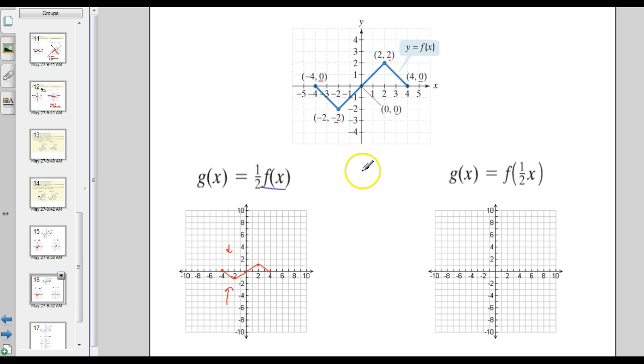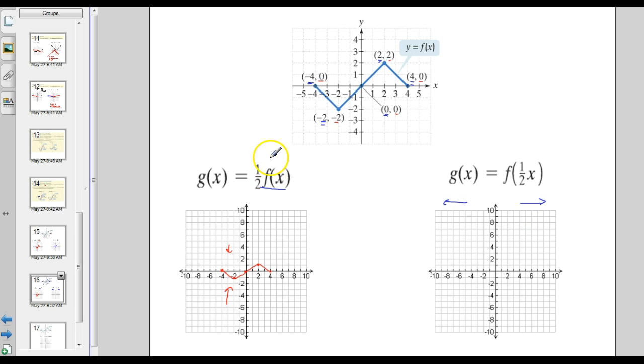Now, half of x, now we're going to take the x coordinates, and because that number in front of the x is less than 1, now this thing is going to be stretched out horizontally in this direction.